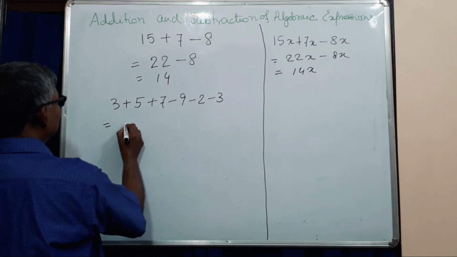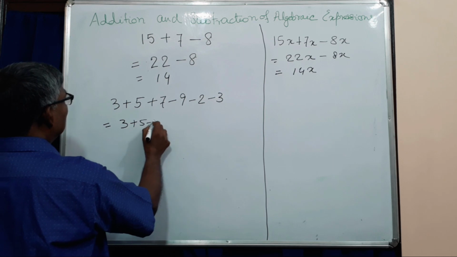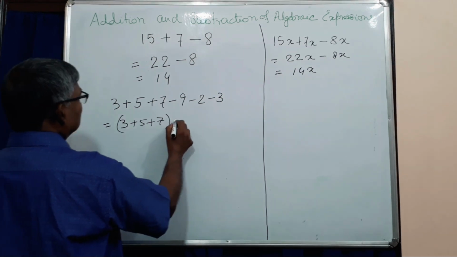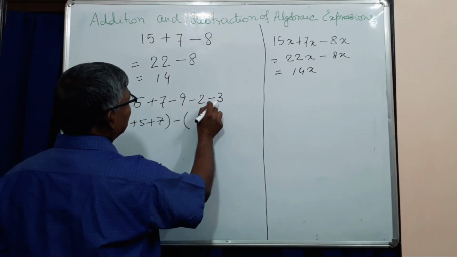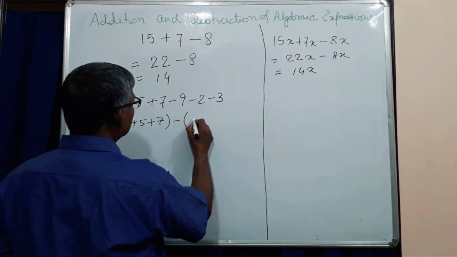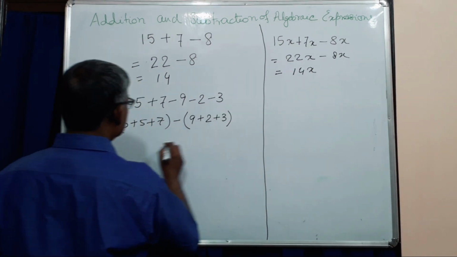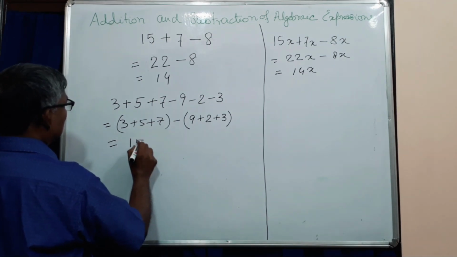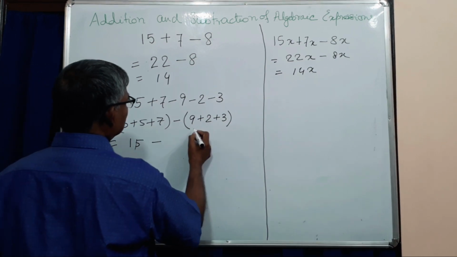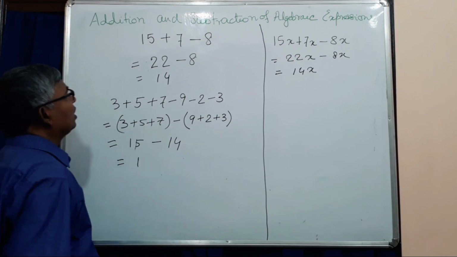Here we write 3 plus 5 plus 7, and minus we take common because all these are negative. So here we write 9 plus 2 plus 3. Here we see it is 15 and it is 14. So it will be 1.